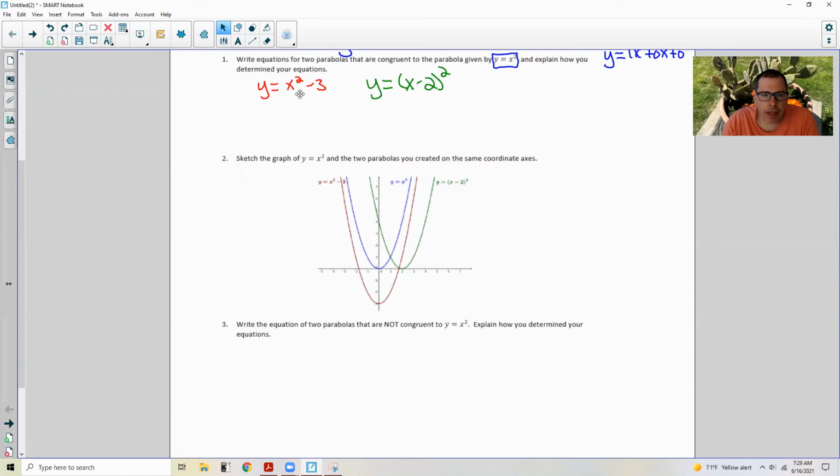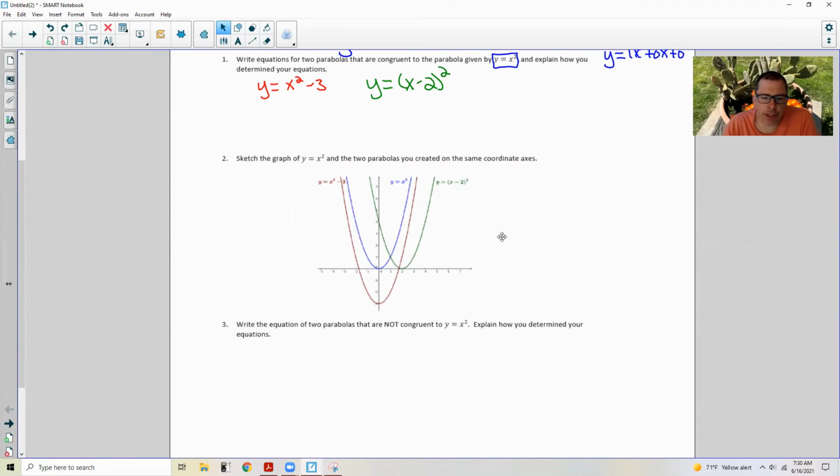The red one, x squared minus 3, took that same blue one and just moved it down 3 units. So if I shifted this up 3, it'd sit right on top of the blue and it'd be identical. We then took the green one and shifted it right 2. So if I move this green one back left 2, it would be identical to the blue one. So it's just shifted to the right 2. Okay, so there's the three equations on the same coordinate plane.